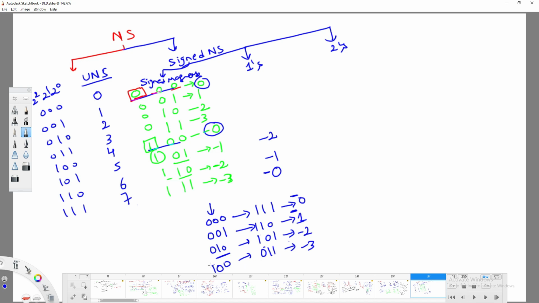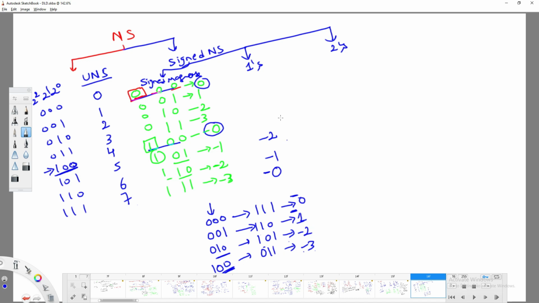See, what is the 100 value? 100 is actually 4, right? But it will act as minus 3. Why? Its complement is minus 3 itself. That's it.